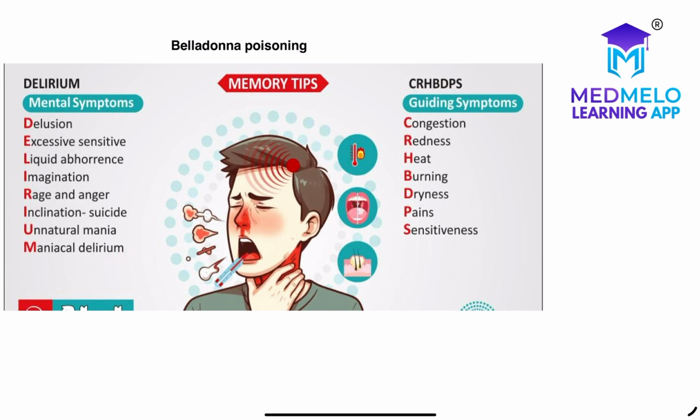Then the physical symptoms of belladonna poisoning are congestion, redness, heat, meaning the temperature will be high, and burning sensation, then dryness, pain, sensitiveness. So we didn't see any acute liver failure. Liver failure is not caused by belladonna poisoning.